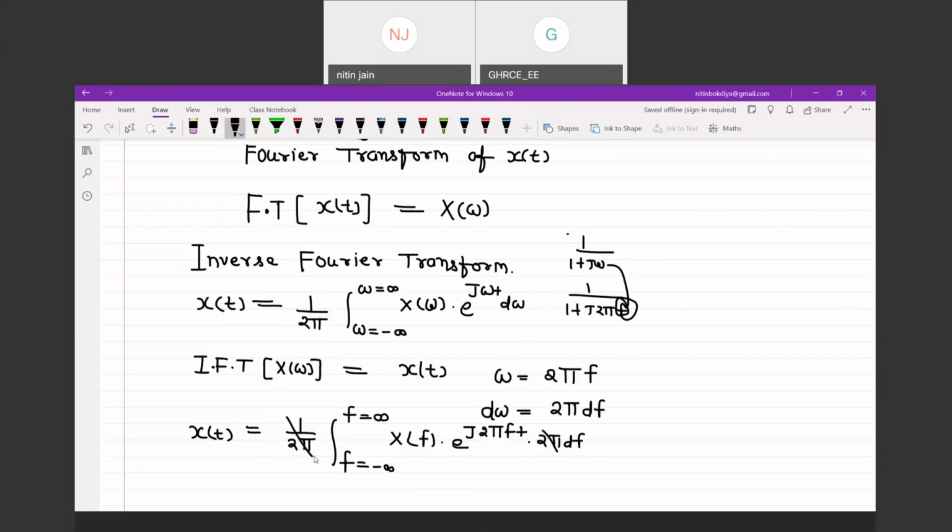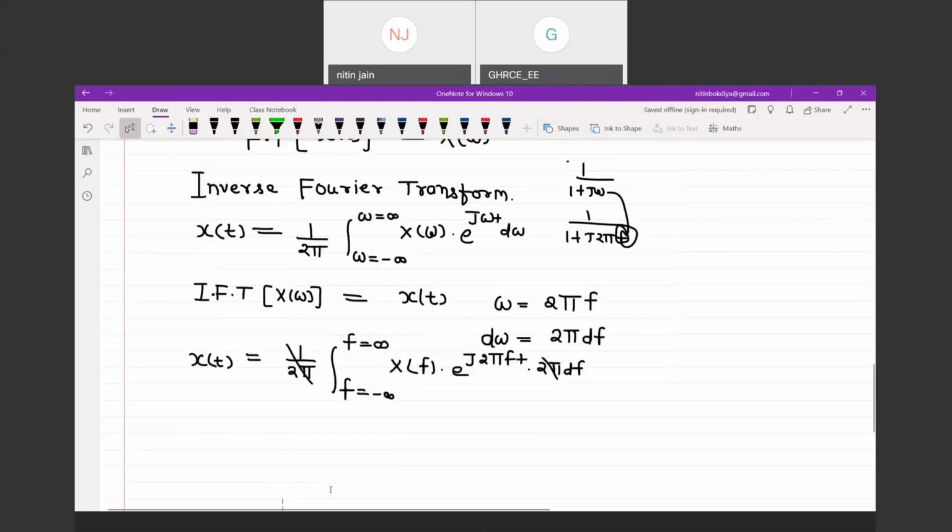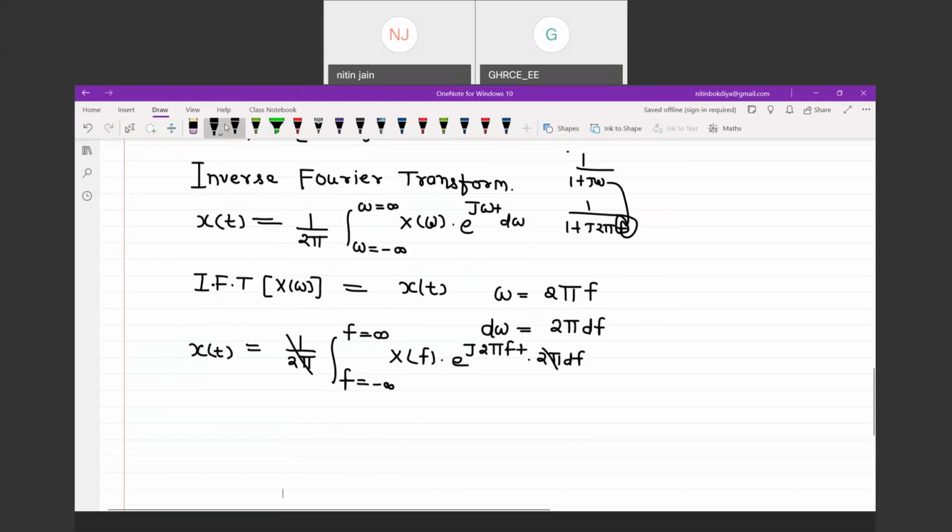So what is the idea for the inverse Fourier transform? You can check the limit also. When omega approaches infinity, f also approaches infinity. When omega approaches minus infinity, f also approaches minus infinity.